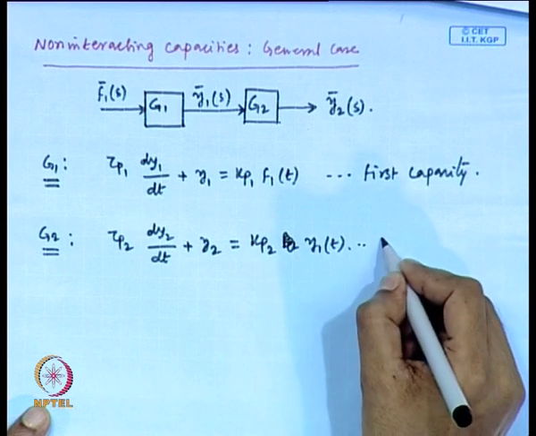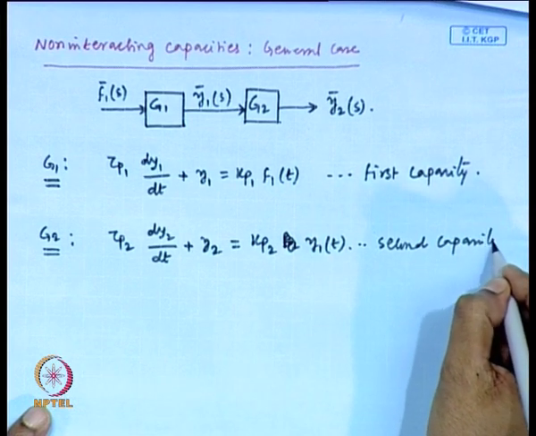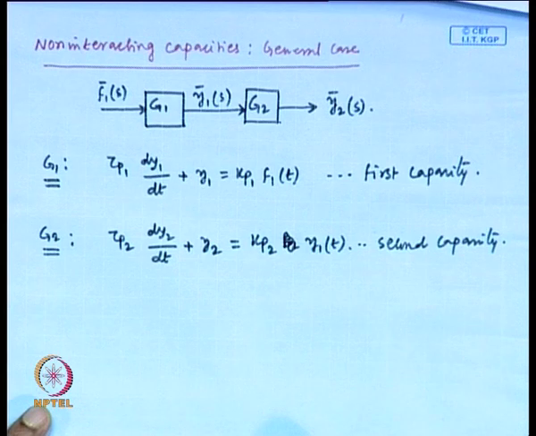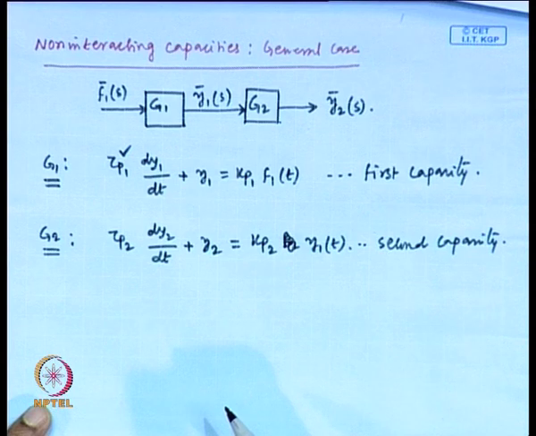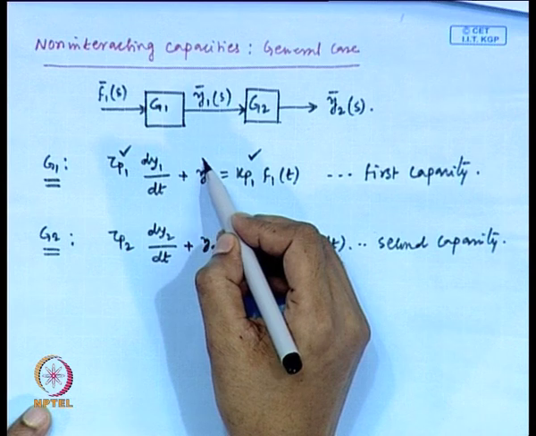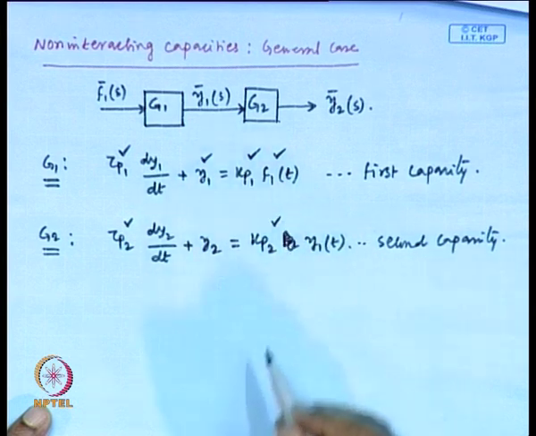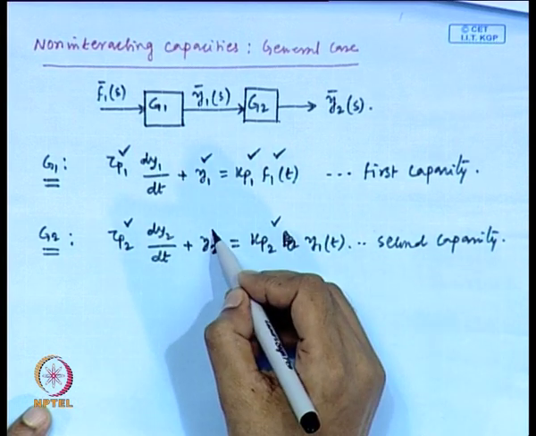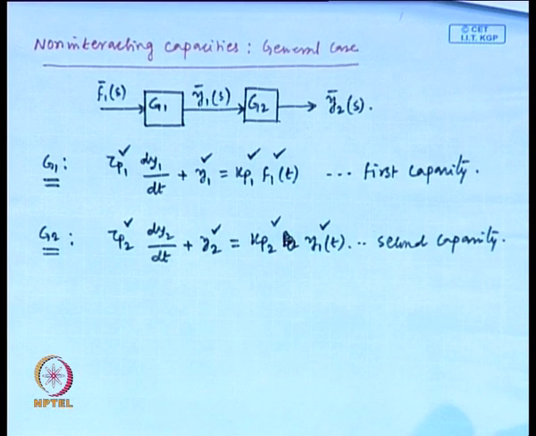This is for the second capacity. So, for the first capacity, the time constant is tau p1, gain is k p1, output is y1 and input is f1. For the second capacity, tau p2 is the time constant, k p2 is the gain, y2 is the output and y1 is the input.